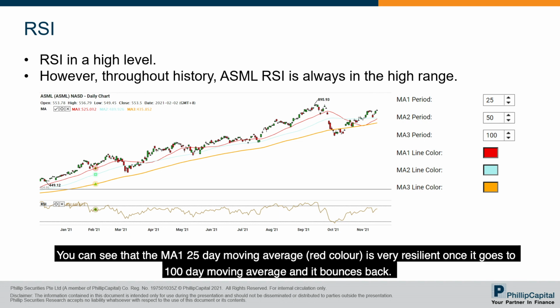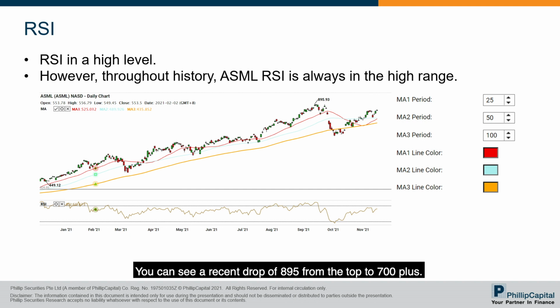Basically, the red line, the 25-day moving average, has been very resilient: if it goes to the 100-day moving average, it will bounce back. Do you see the recent drop over here from 895 at the top to around 700 plus?